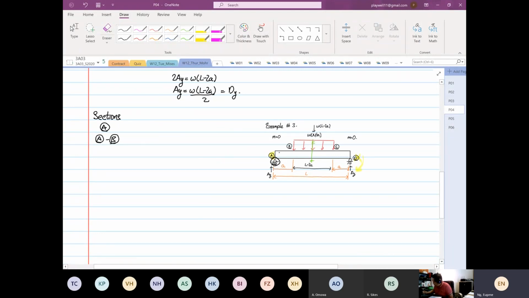A to B, there's no load. And then at point B, we are going to have an introduction of our distributed load. Then point B to point C. Then we have point C, where the distributed load disappears. Point C to point D, and then finally point D. Okay. Then we can put in our limits.